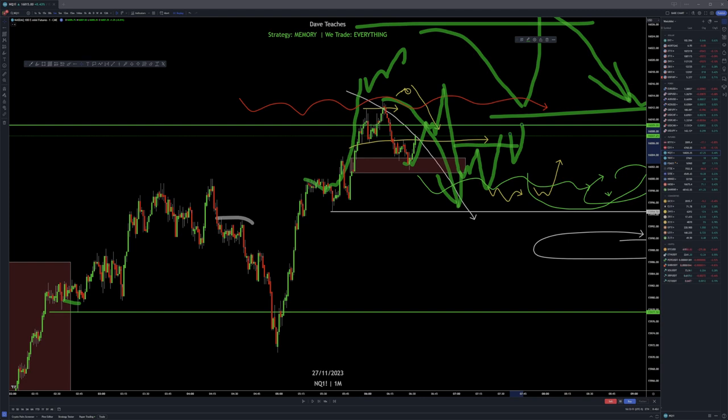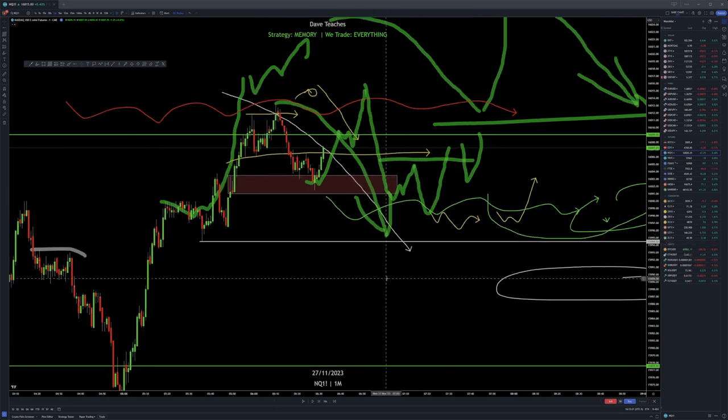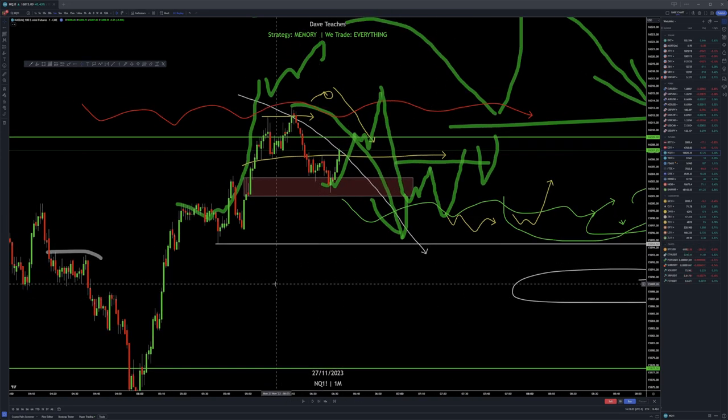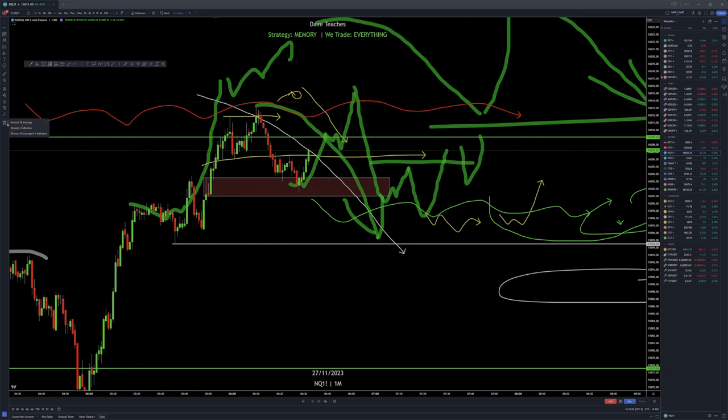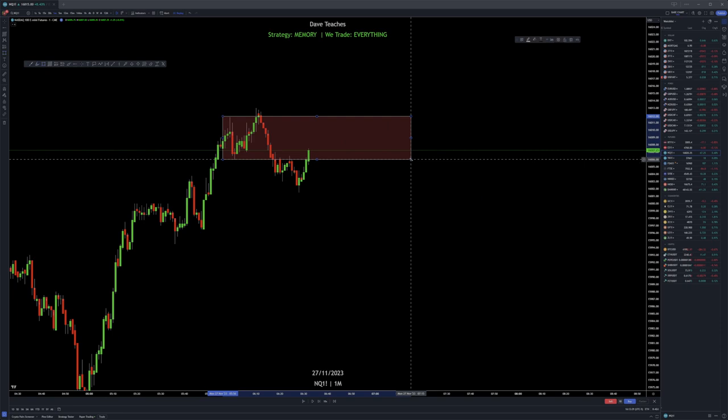Is that a breaker block or something? You have this marked up.